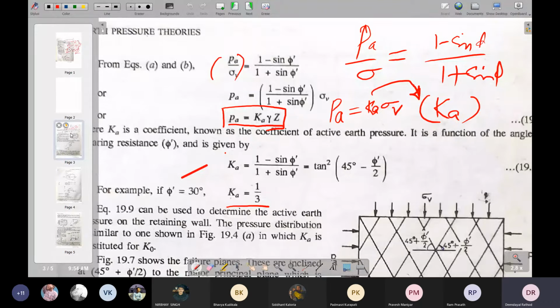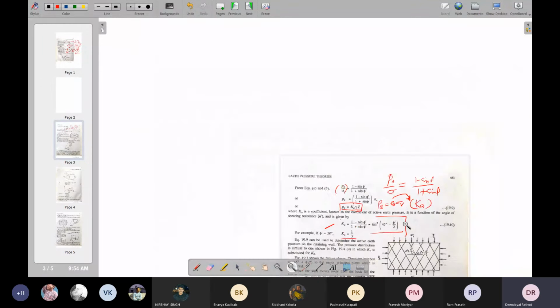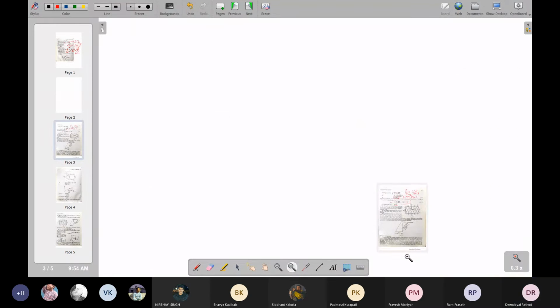Ka is the active earth pressure constant, and it can be written this way because you already know it. Finally, how to represent it in a failure plane is what the diagram shows here.